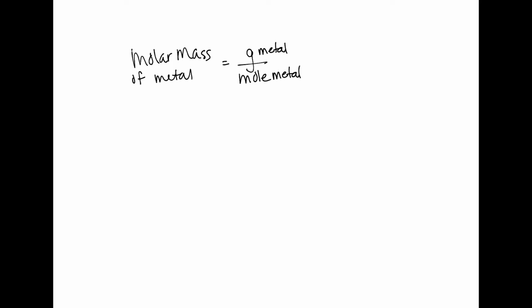To find the moles of the metal, like we just talked about in our balanced chemical reaction, we're going to find moles of hydrogen gas. To do that, we need to collect volume, temperature, and pressure information about the hydrogen gas. To find the grams of metal, we're just going to weigh out a piece of metal that we use for our reaction.